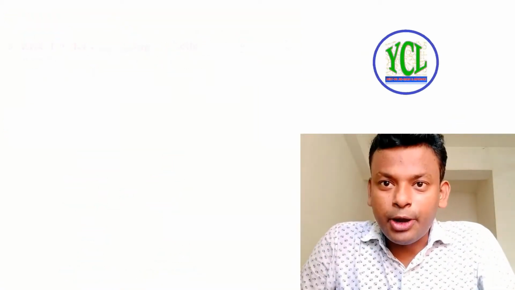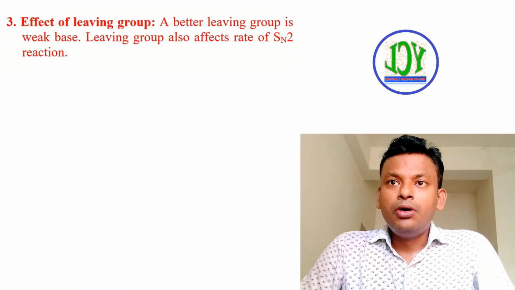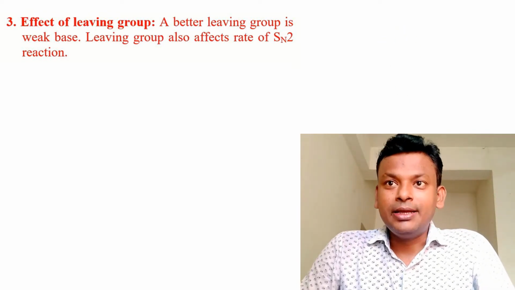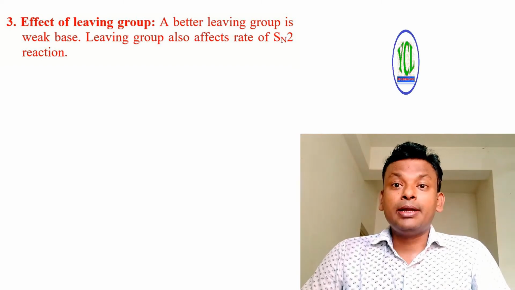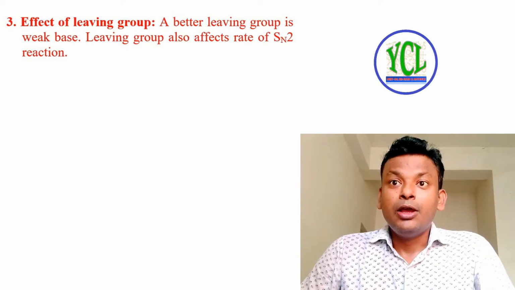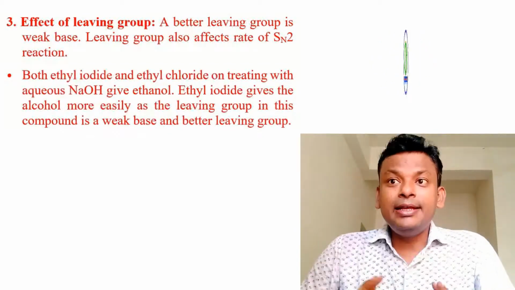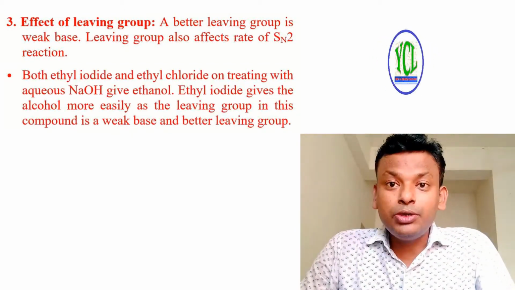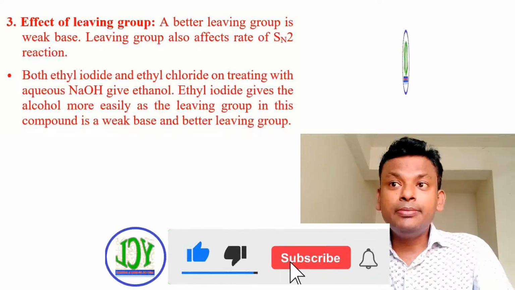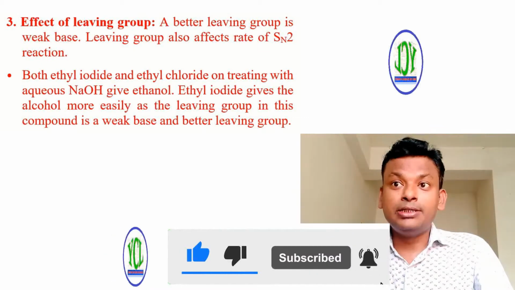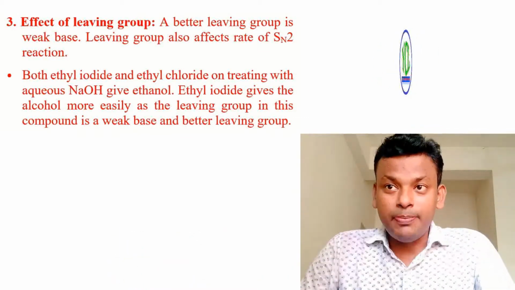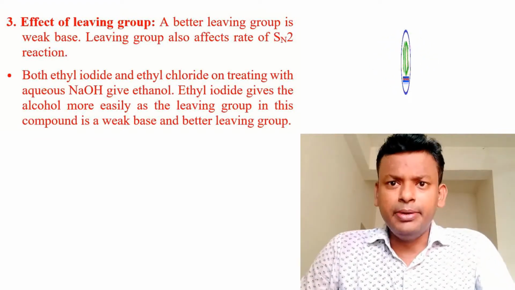And next, third point, effect of leaving group. A better leaving group is a weak base. The leaving group also affects the rate of SN2 reaction. Both ethyl iodide and ethyl chloride on treatment with aqueous NaOH give ethanol. Ethyl iodide gives the alcohol more easily, as the leaving group in this compound is a weak base and a better leaving group.